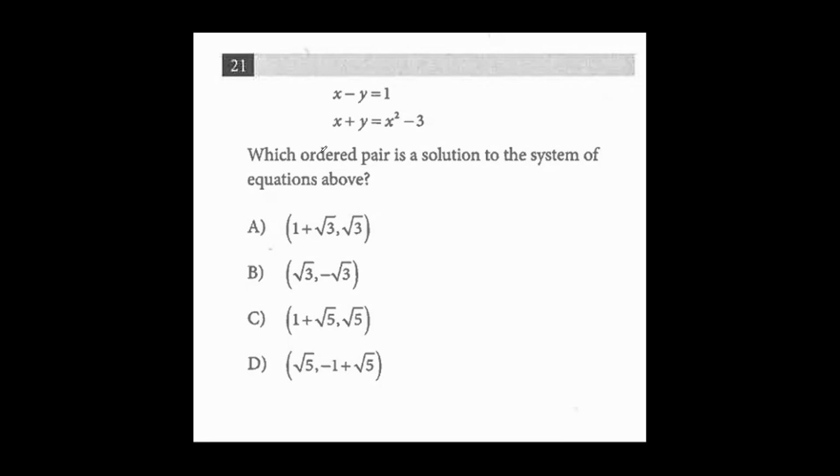So graph the first equation into your calculator, then graph the second equation, and you'll get a graph of a quadratic equation like this, and a linear equation like this. And which order pair is the solution? Well, all of these are only asking about the positive solution, which is here, not the negative one. So we just have to focus on this one.